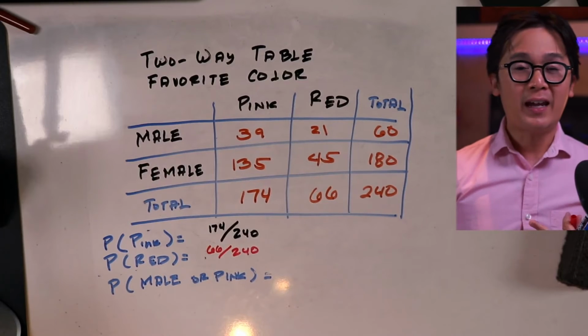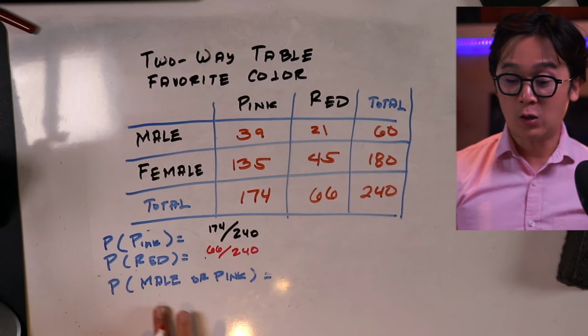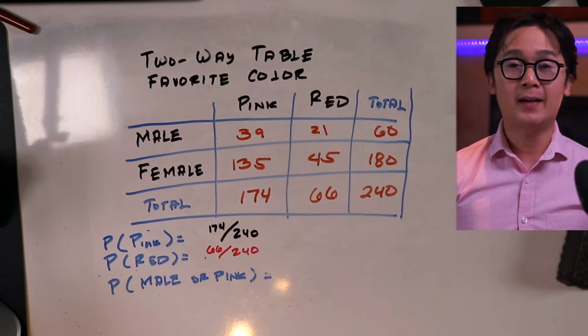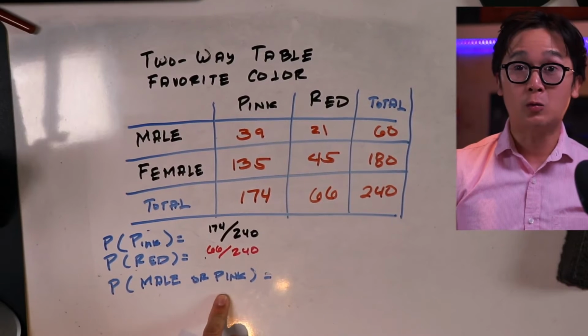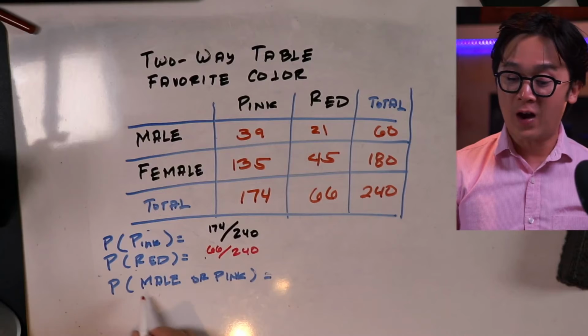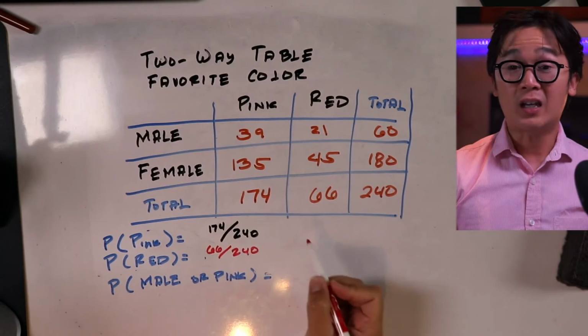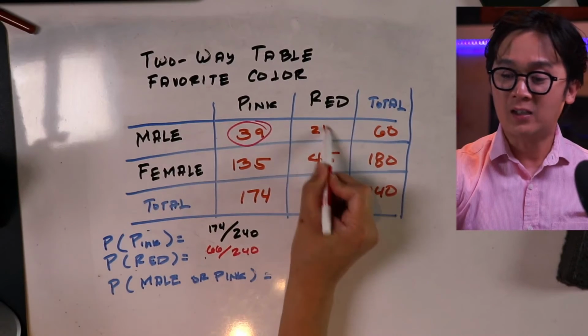And if we incorporate probability rules, we have male or pink, or students who are male, and at the same time students whose favorite color is pink. To do that, all we need to do is find all the male students, so either male or pink. For male students, we have 39 and 21.